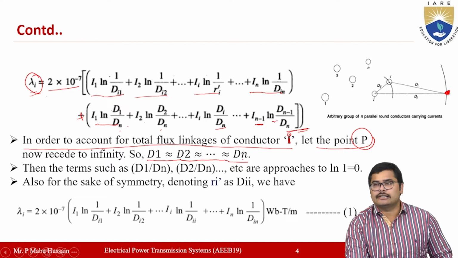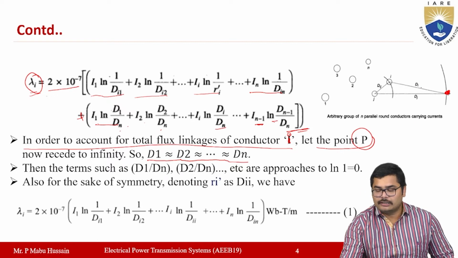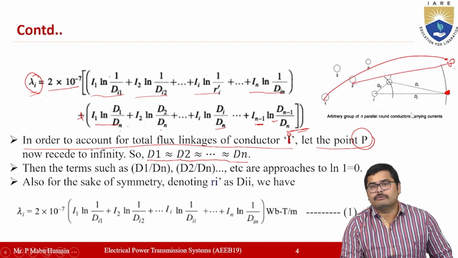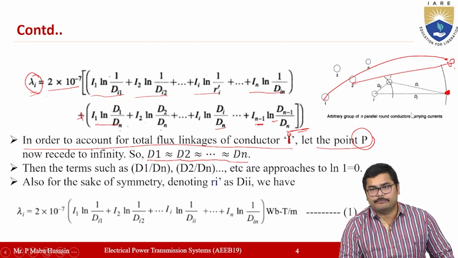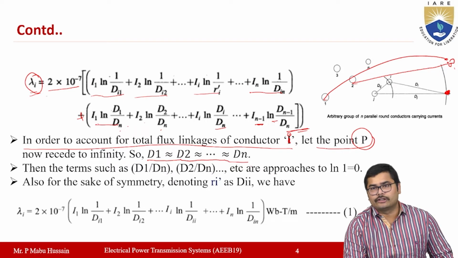Those distances will be approximately equal. Why? Because when you move this point to infinity, the infinity distance to d1, infinity distance to d2, all the distances will be approximately the same.